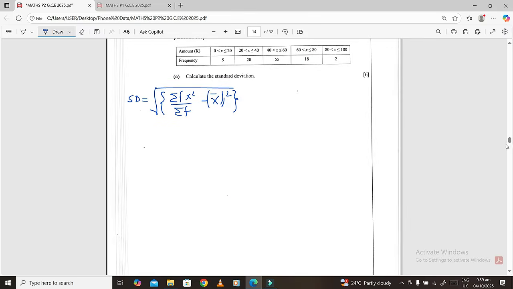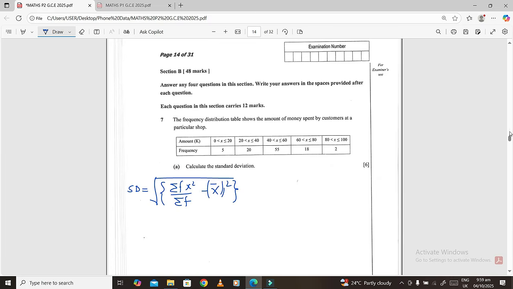So here, the first thing after identifying the formula is to get to know the midpoint. Here the midpoint is 10, here it's 30, here it's 50, 70, and 90.